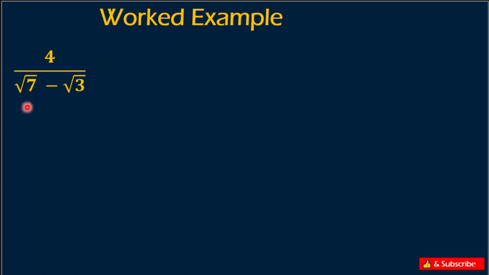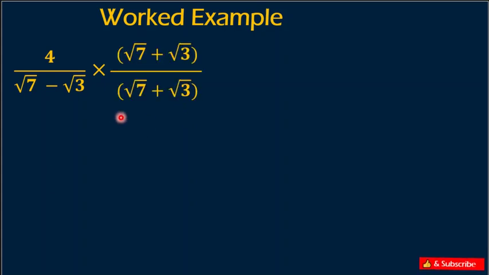But in this case, it is a binomial term. And so we first take the conjugate of root 7 minus root 3. And what is the conjugate? That is root 7 plus root 3, like we learned earlier. Great. And so we multiply the numerator and the denominator by root 7 plus root 3 like this.